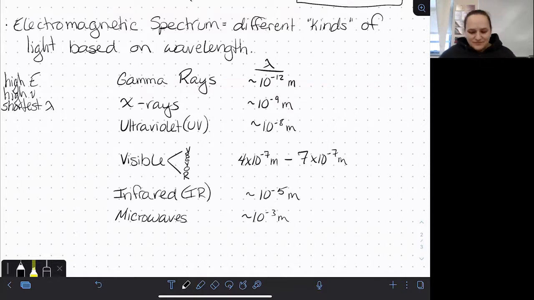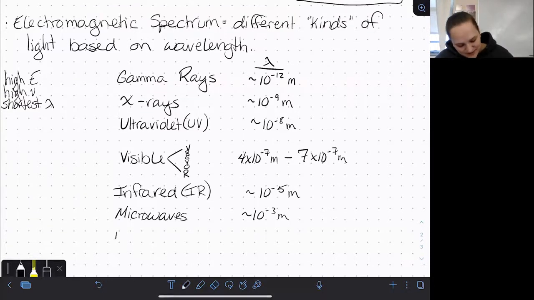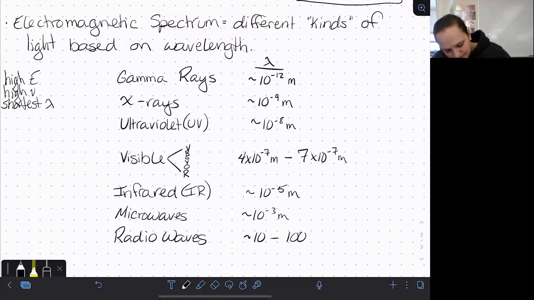And then last but not least in our spectrum here is radio waves, which are on the order of 1 to 100 meters in wavelength.